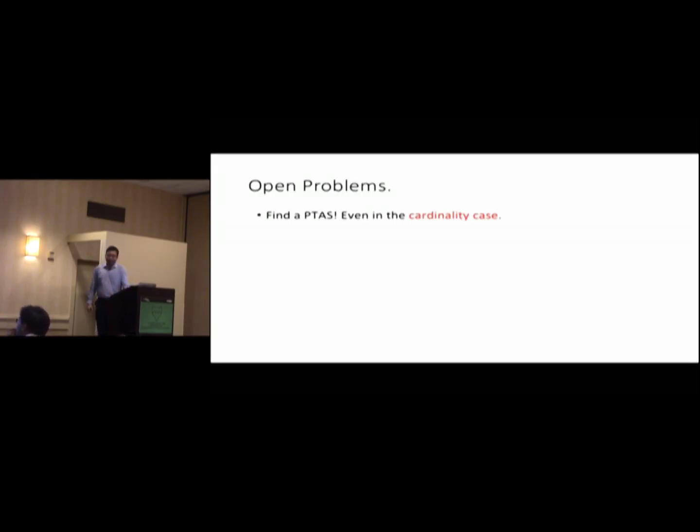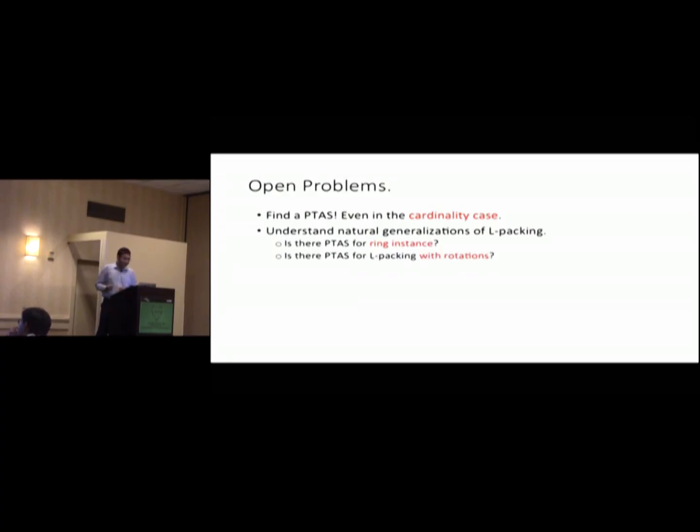Now the first open problem is finding a PTAS even in the cardinality case, and also understanding the natural generalizations of L packing. For example, when we got the ring instance, we removed 1/4 of the profit. Can we get a PTAS for that particular case? That will surely improve the factor. Or can we show a PTAS for L packing with rotations?